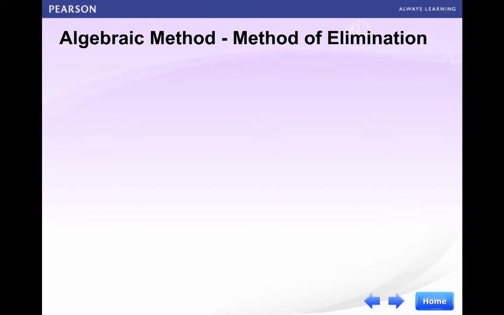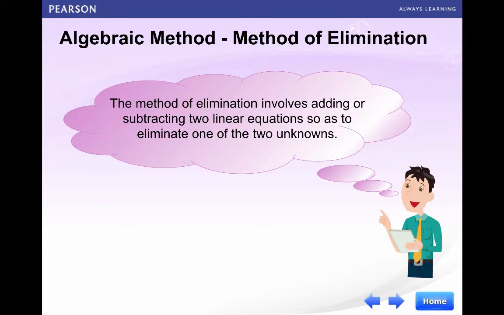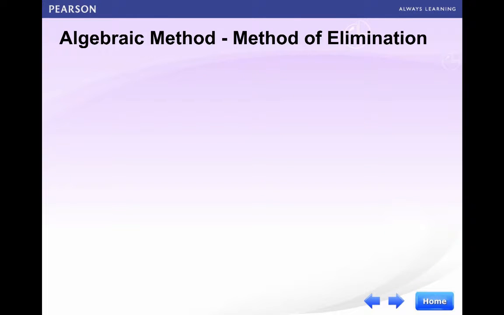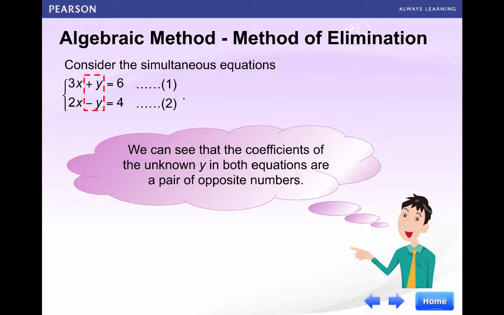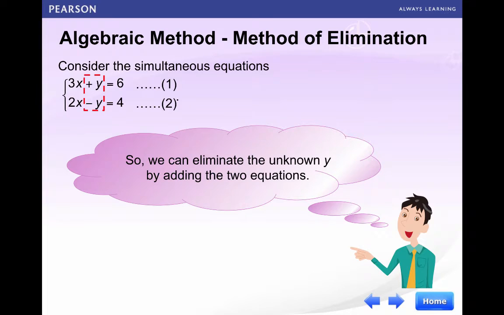Besides the method of substitution, we have the method of elimination. It involves addition or subtraction of the linear equations, and we can eliminate one of the two unknowns. Let's say we have this simultaneous equation. One is plus y, one is negative y, so they are a pair of opposite numbers.